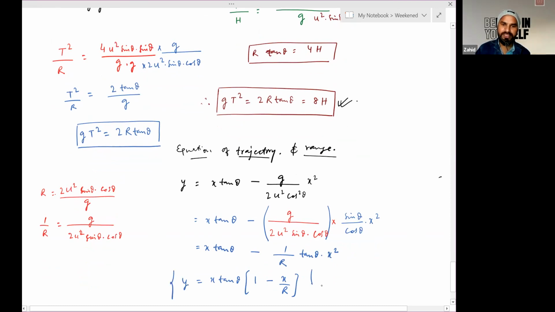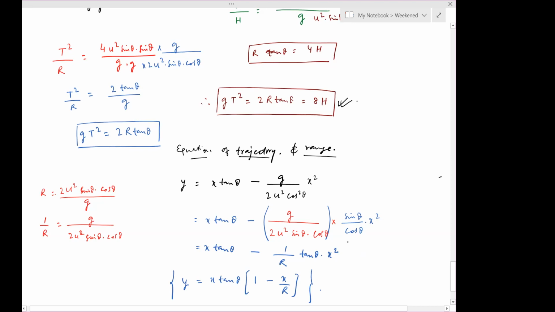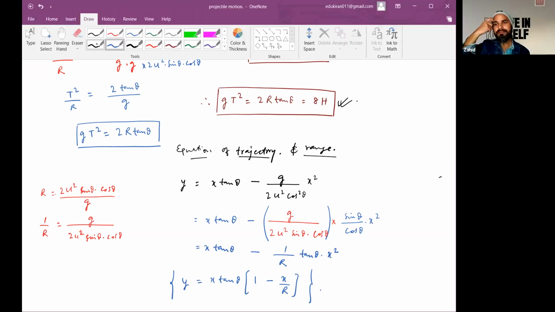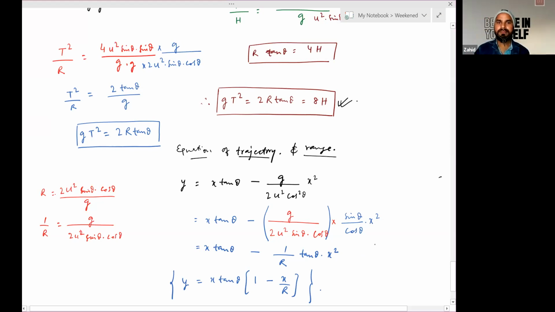So this is your final relation between the equation of trajectory and range. Is it clear? Yes, sir. Okay, just write it down.